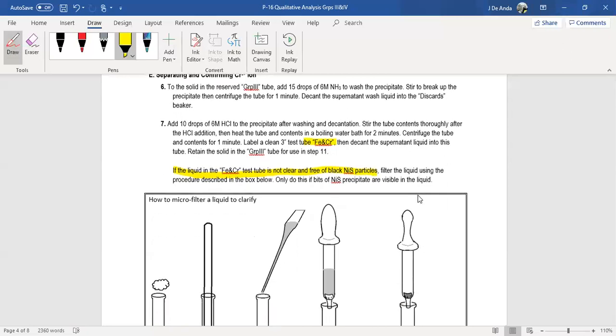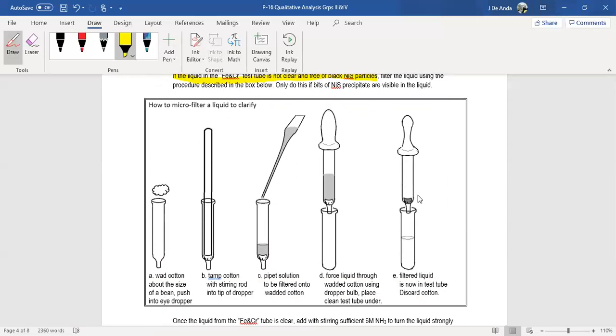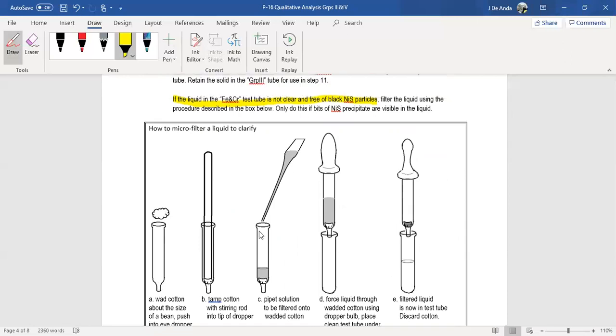So what they teach you here is a trick where you essentially make a filter inside a dropper or a Pasteur pipette. You stuff a little piece of cotton into the bottom of this dropper, and then you load the dropper with the mixture you're trying to separate, and then you squeeze it through by putting a bulb here, and essentially squeeze your mixture through that cotton filter into a clean test tube.